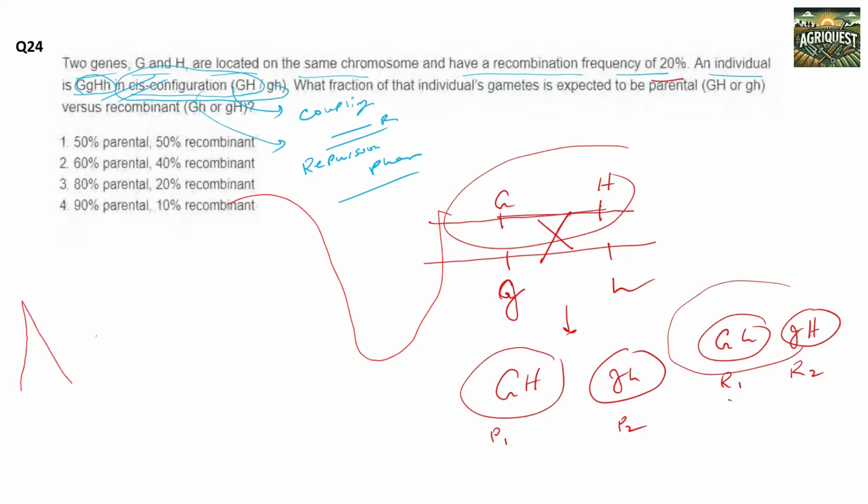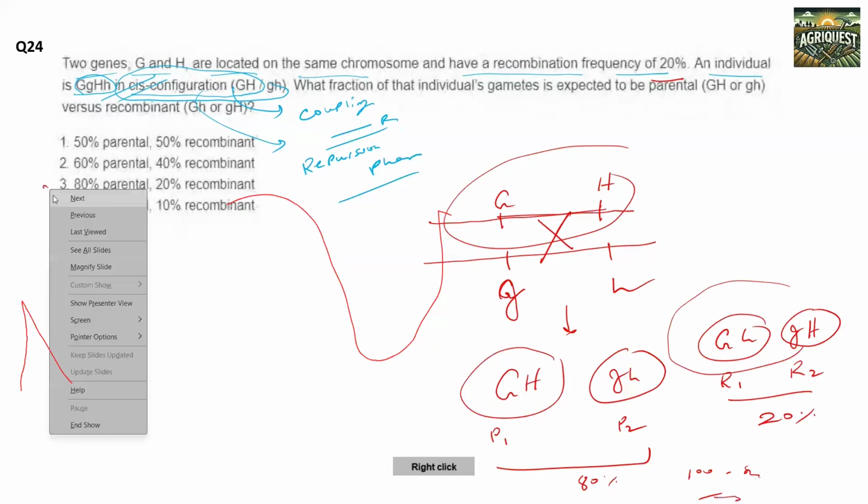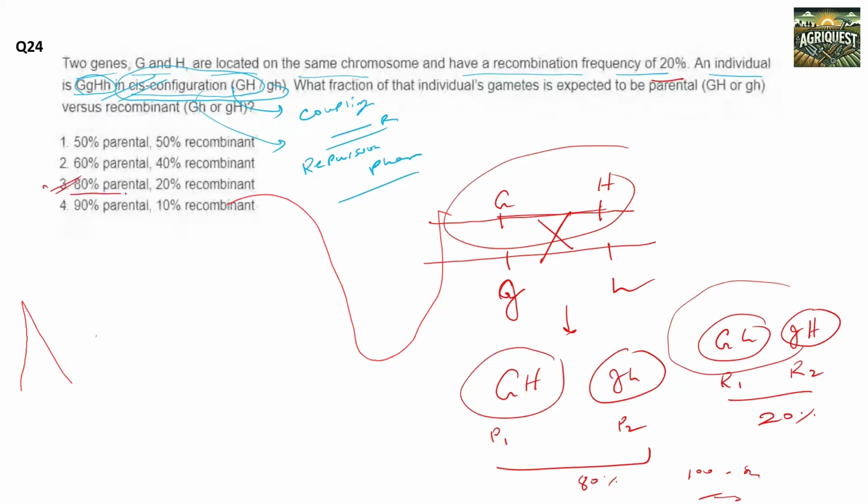So the parental types together will be 80%, because 100 minus 20 is 80%. So the third option is correct: 80% parental type gametes and 20% recombinant type.